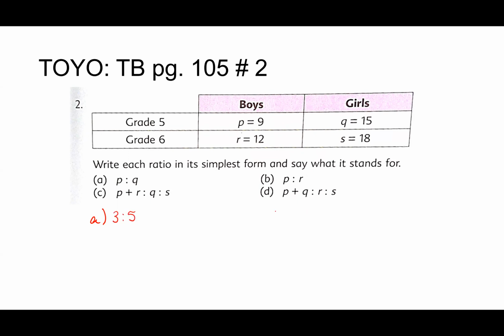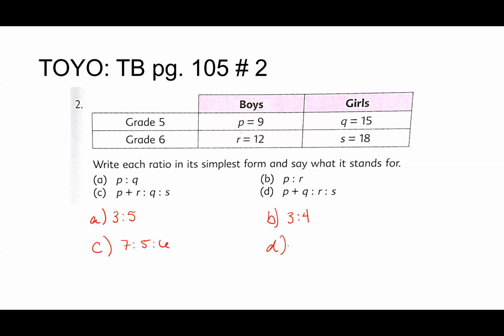How about letter B? P to R. We've got 9 and 12. What's letter B? Kala. 3 to 4. Great job. Now on letter C, you had to add P and R and then compare it to Q and S. Maddie, what did you get for that? Great job. 7 to 5 to 6. Did anybody stumble with that one? We're good with that? Okay.